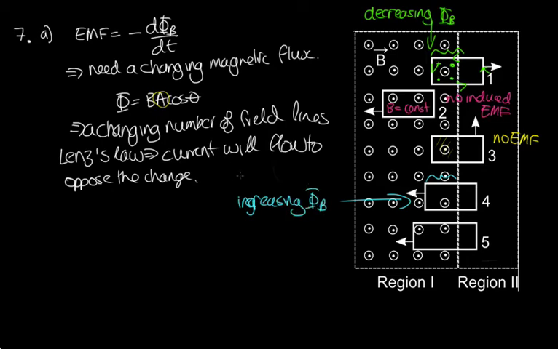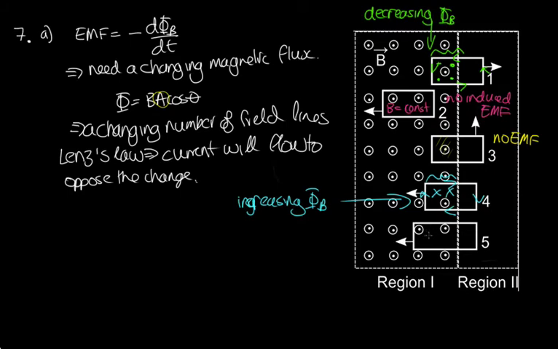So this one has an increasing phi B. Lenz's law tells us that the current's going to flow to try and reduce that magnetic flux. So how's it going to do that? Well, if it creates magnetic field lines going into the page, then these will cancel these magnetic field lines coming out of the page. So in order to create magnetic field lines going into the page, the current is going to have to flow this way around the loop like that.